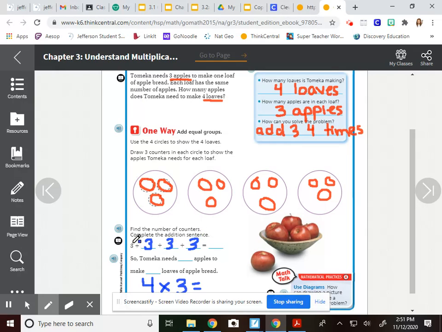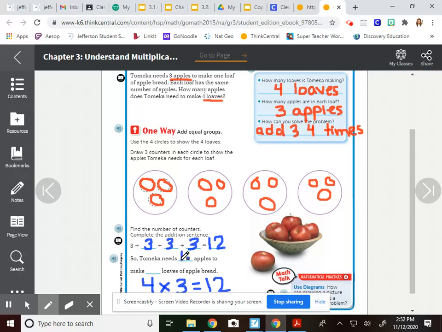So we're adding 3 4 times. 3 plus 3 is 6. Plus 3 is 9. Plus 3 is 12. So 3 plus 3 plus 3 plus 3 is 12, which also means 4 times 3 equals 12. I've added 3 4 times.